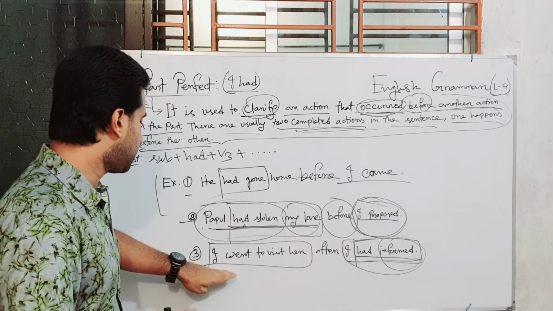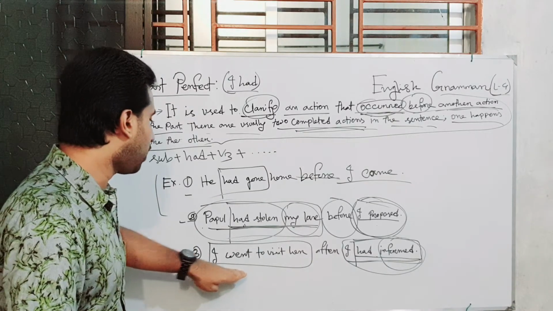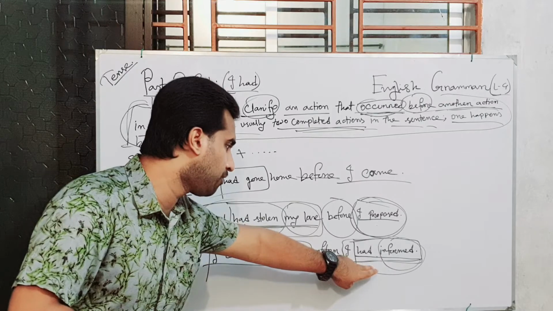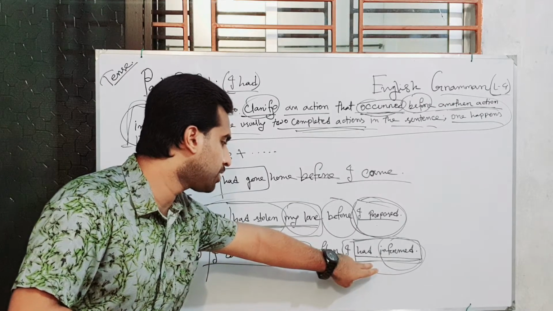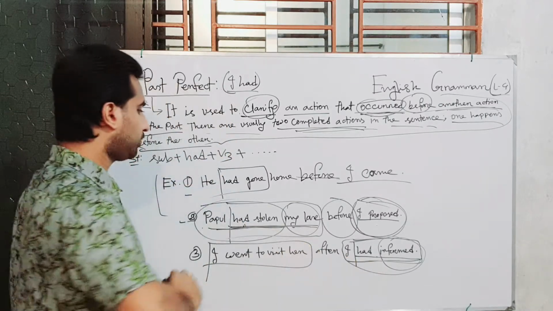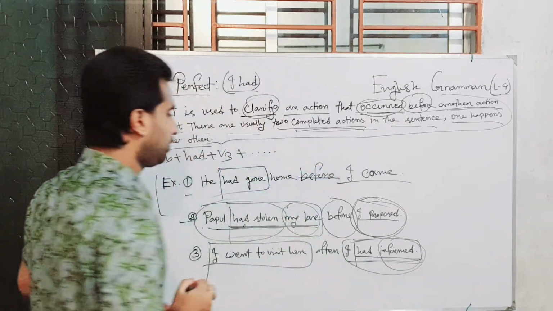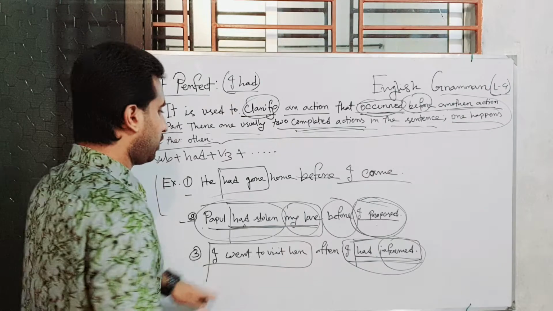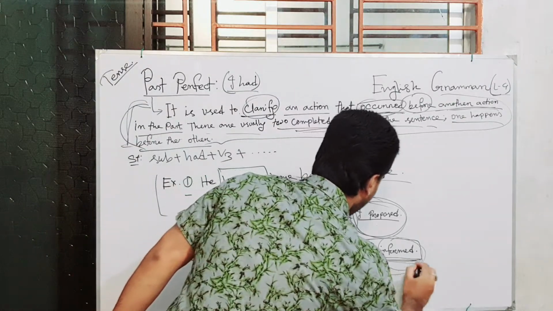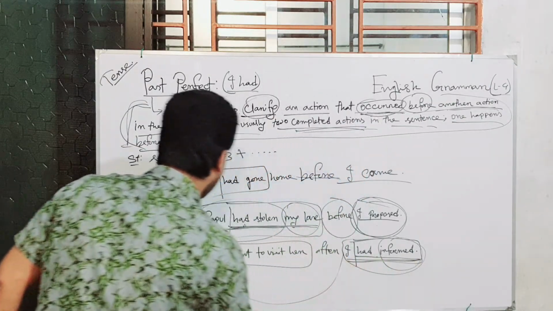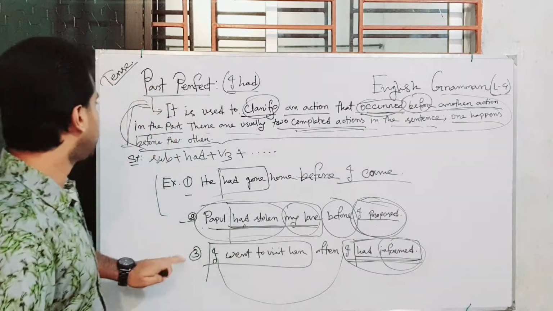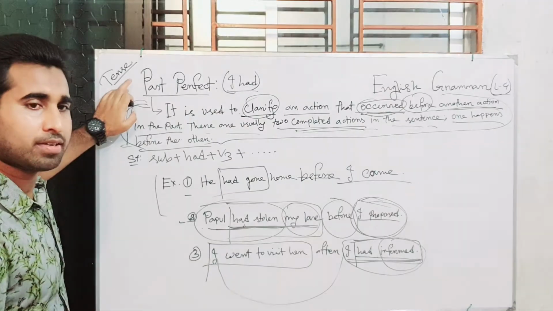Look at this again. I went to visit her after I had informed. First, I had informed, then I went to visit her. So, this is a past perfect tense.